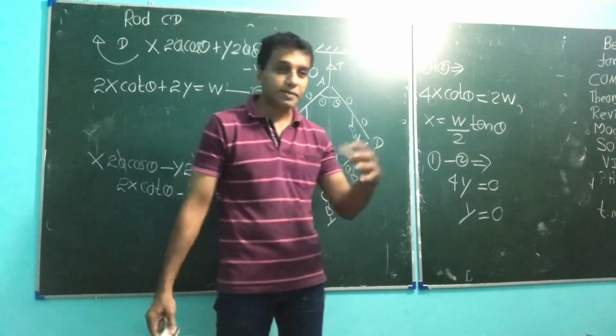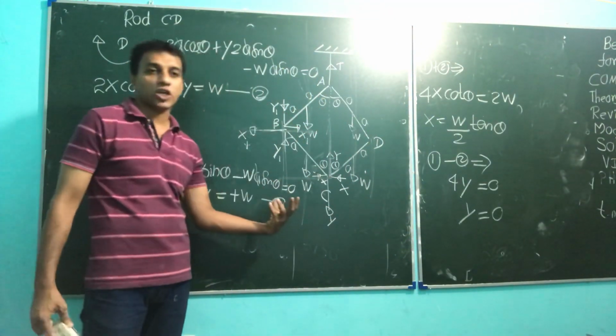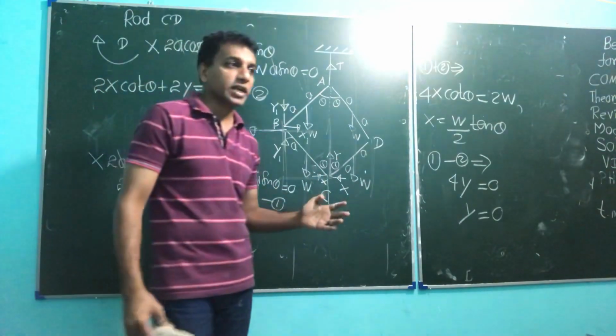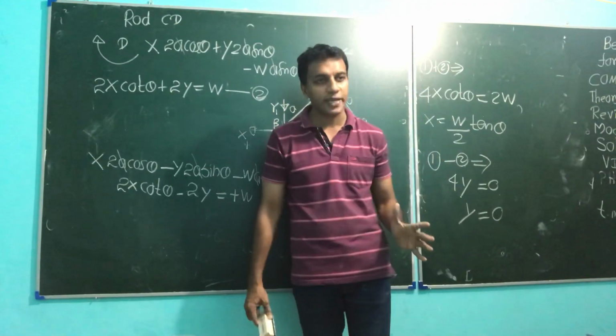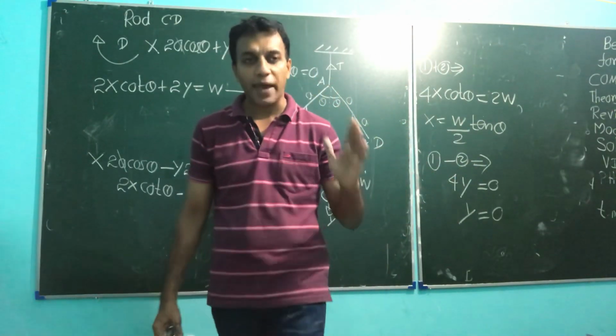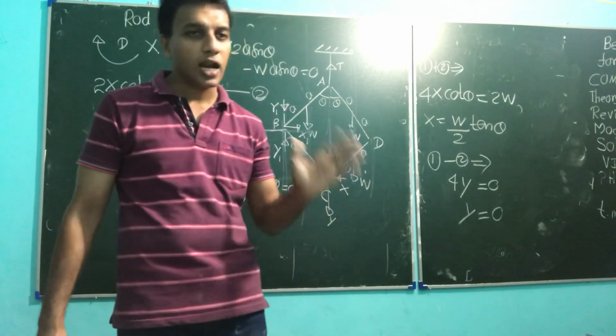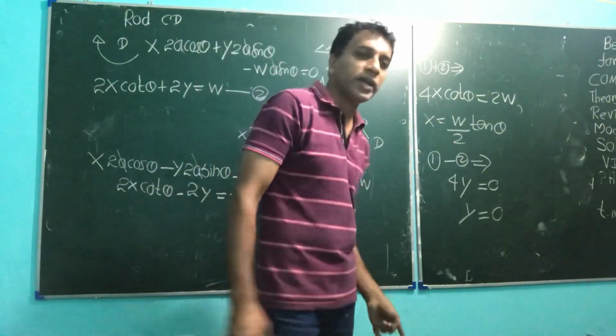One is the oral discussion method, the other is by solving the equations. This is possible if there is a symmetric line. In a framework with a symmetric line, the reaction parallel to the symmetric line is null, 0. So you know the x answer and the y answer.